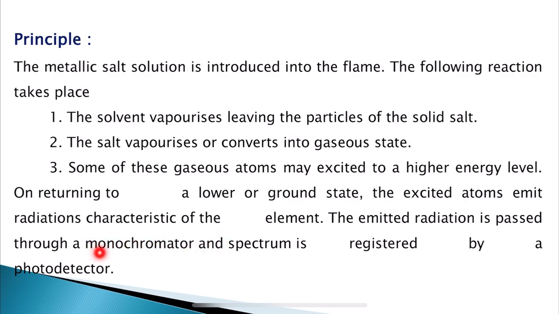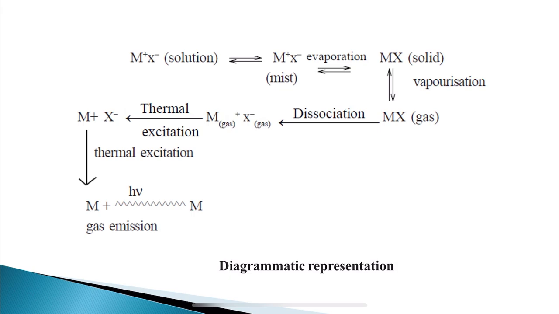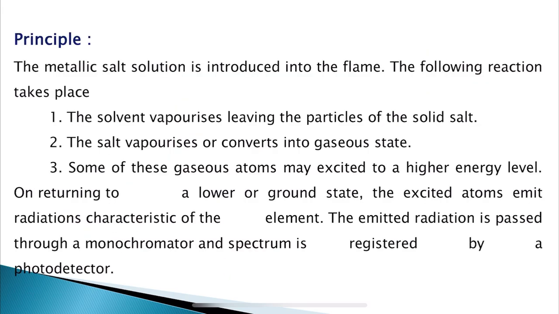Okay. So, by using this monochromator and spectrum, we are going to register how much of the emitted radiation is passed through. It is measured in an instrument called a photodetector, and this is the main principle of flame photometry. Okay.